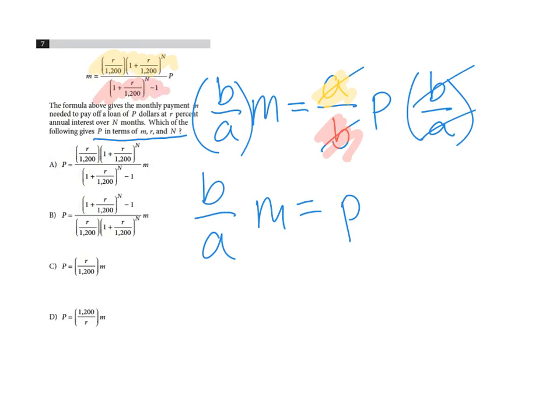So if we're multiplying by B over A, we're going to look for the denominator in red to be in the numerator in our solution. So it looks like our only solution is going to be right here. Yeah. And then we can look at our numerator, and we see that, yes, the numerator is in the denominator.